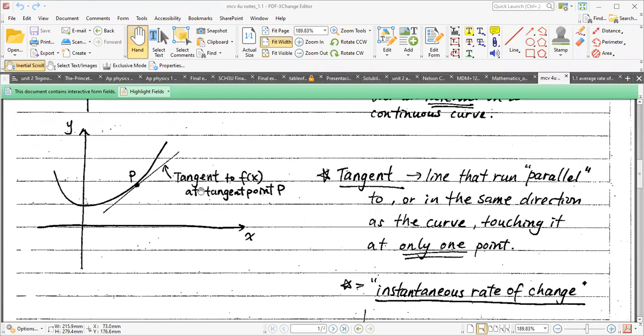Now, what is the instantaneous rate of change? Instantaneous rate of change is the slope of the tangent line passing through a point. Here, this specific point P, what is the tangent line? The line that just touches your graph at one point.